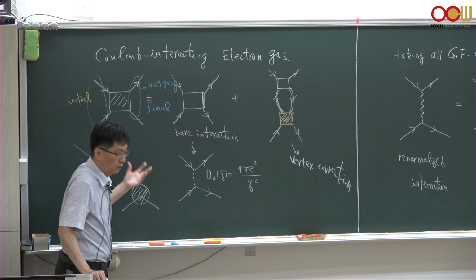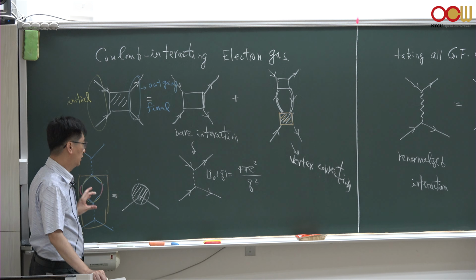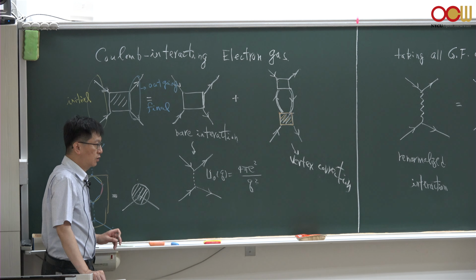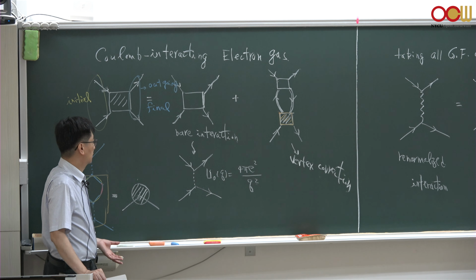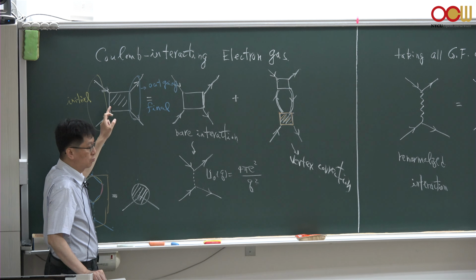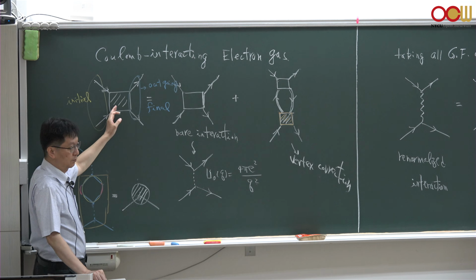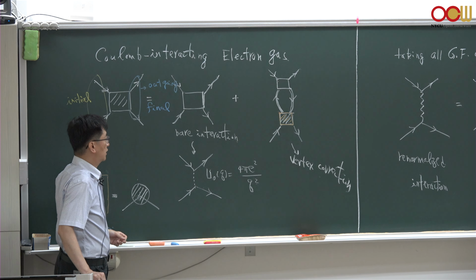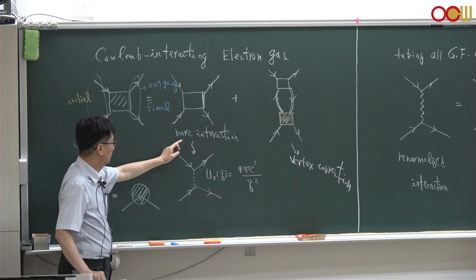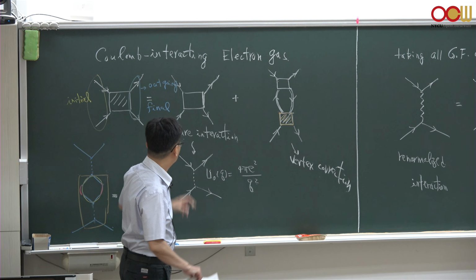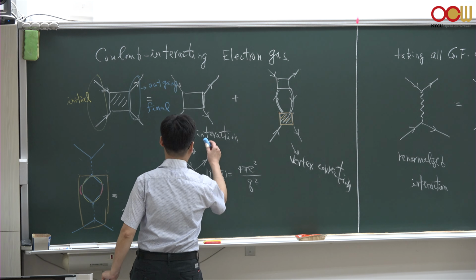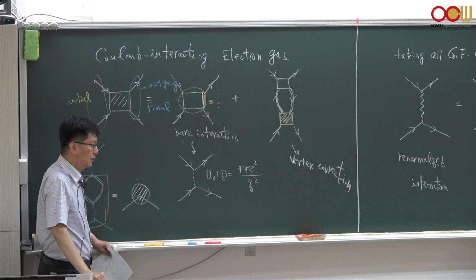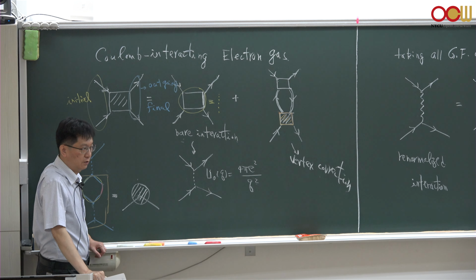But we need to sum over all such kind of bubble diagrams inserted in this interaction propagator, and this is the diagrammatic representation of such an infinite number of diagrams. So this shaded box represents the renormalized Coulomb potential, and you could consider this as a summation over all these vertex correction diagrams, including the bare one, where you don't have anything, and you could consider this empty box as just a dashed line, representing just a bare Coulomb propagator, which you know is simply just a photon.